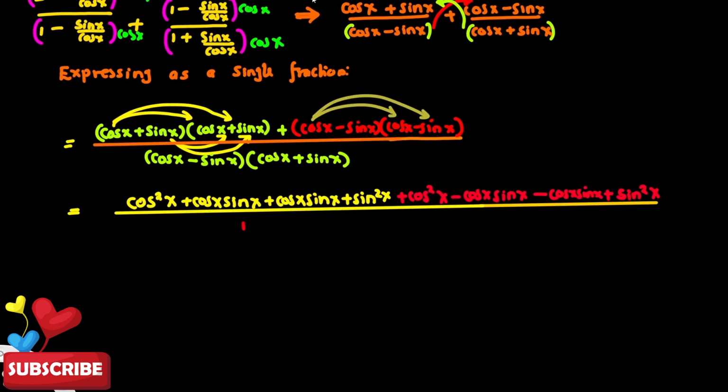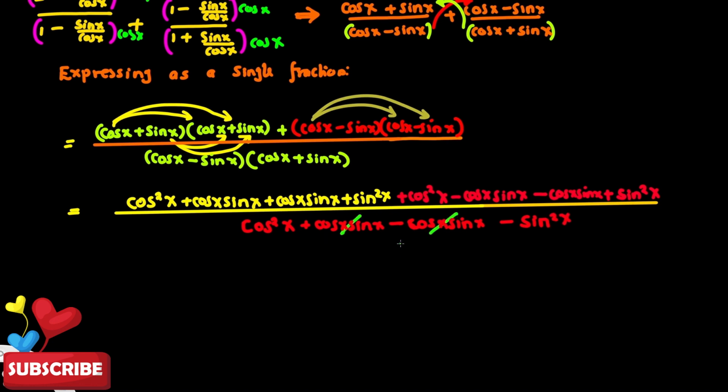And the denominator also we need to expand, and we're going to have cos squared x plus cos x sin x minus cos x sin x, which also ends up being minus sine squared x at that particular point.